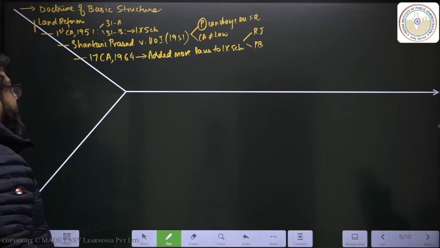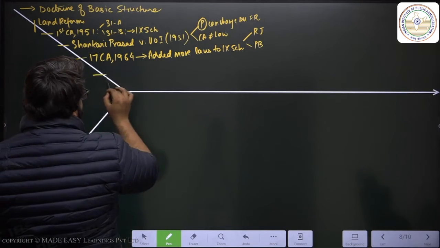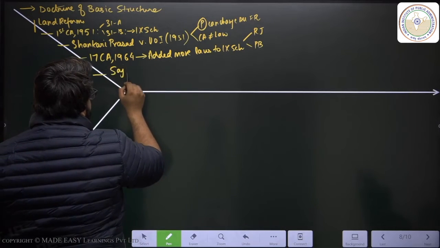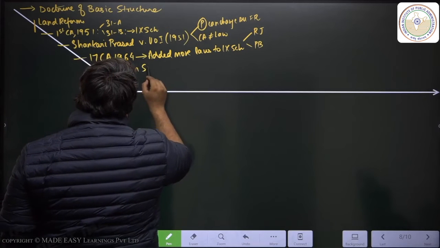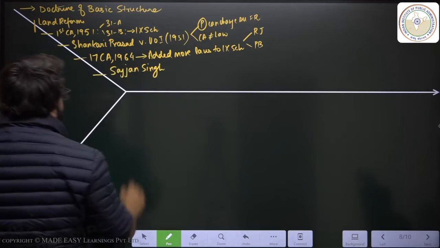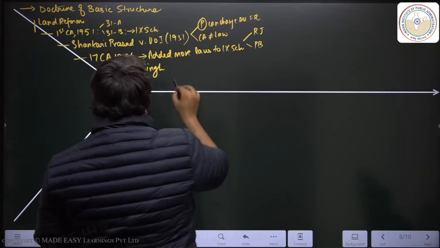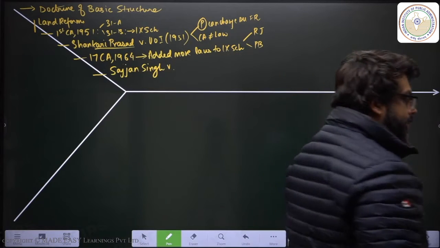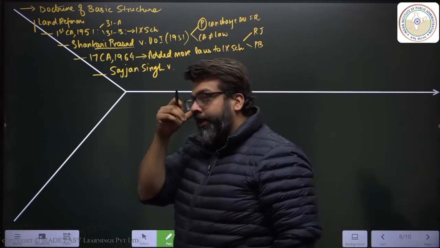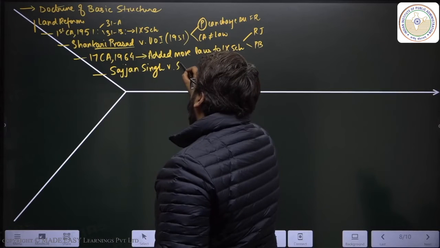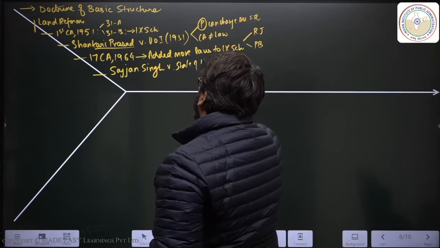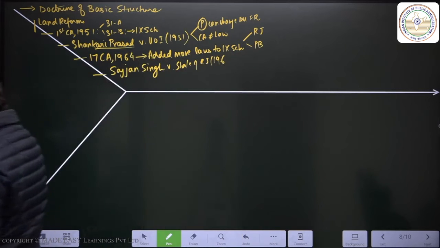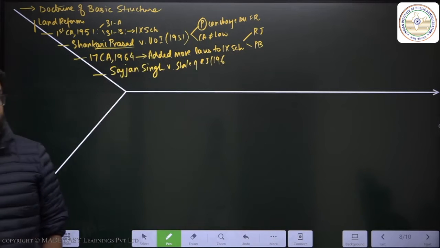And this is where, in 1967, another landowner from Rajasthan called Sajjan Singh did the exact same thing as Shankari Prasad. Sajjan Singh versus the state of Rajasthan of 1967.